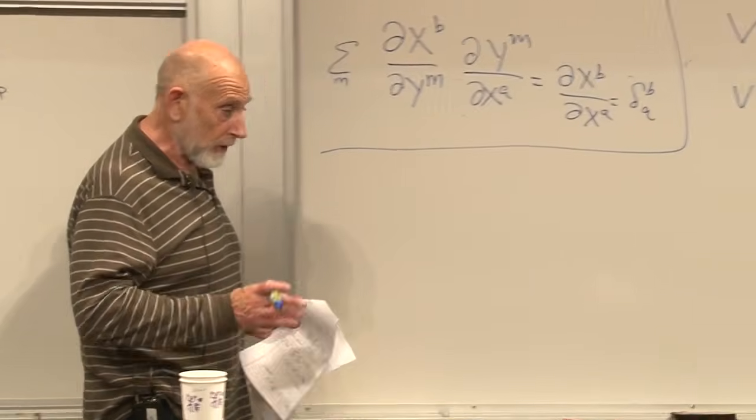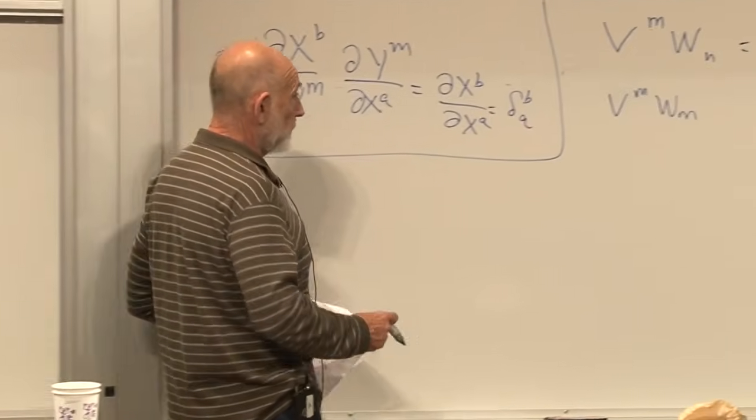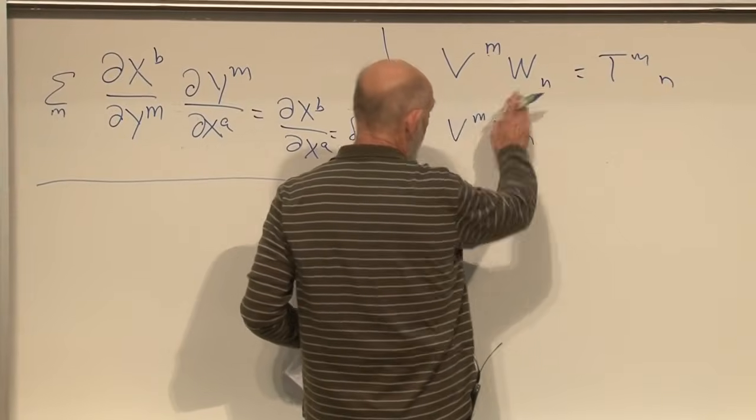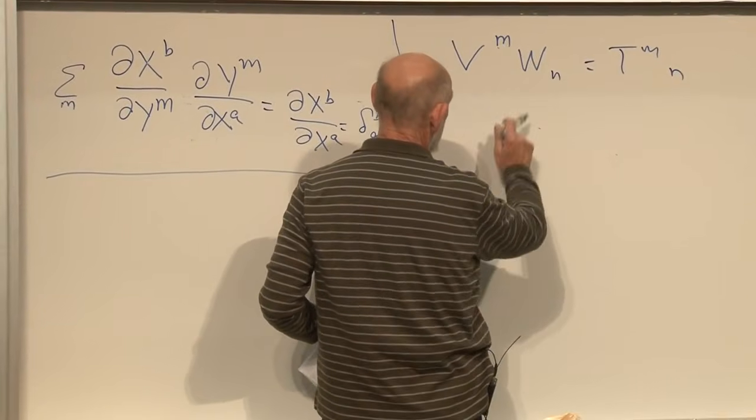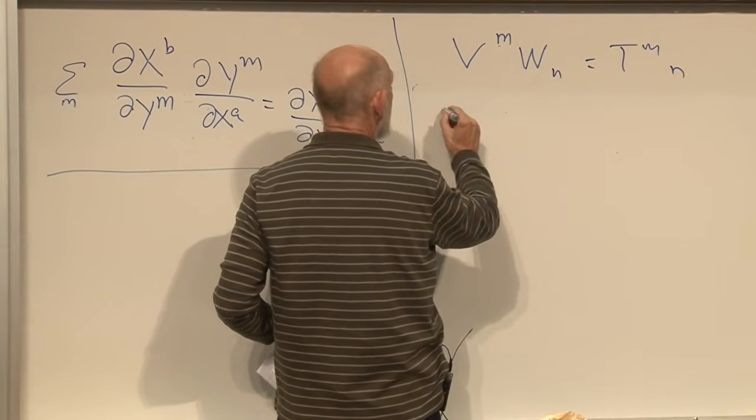And let's ask how it transforms. All right, so first let's write down the transformation properties before we set the indices equal to each other.